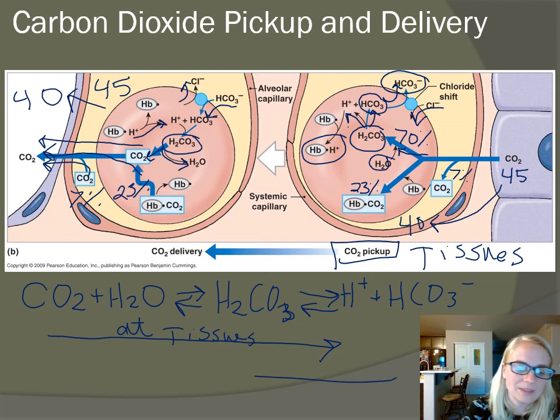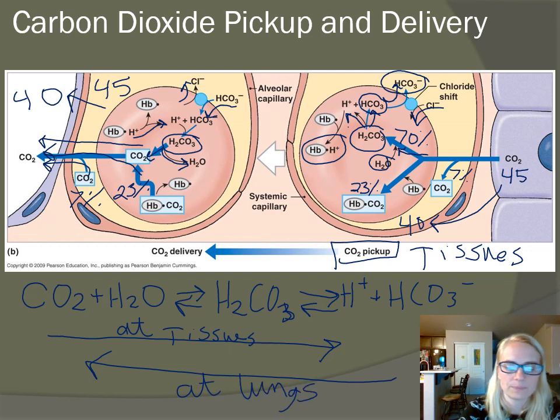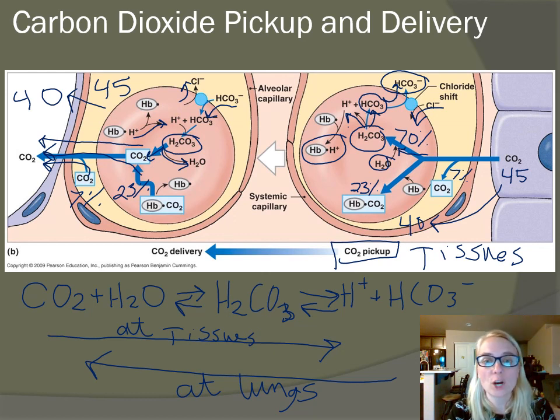And when we drive it this way, we are at the lungs. So again, I strongly encourage you to start getting comfortable with this equation. It's called the carbonic acid bicarbonate buffer equation or system.